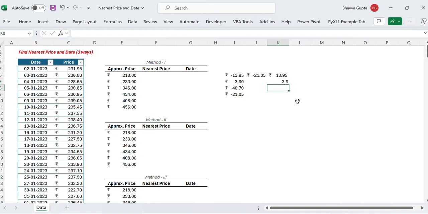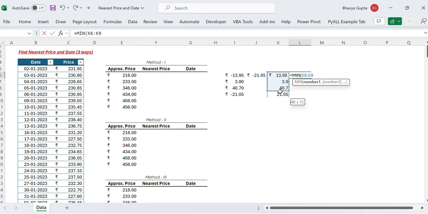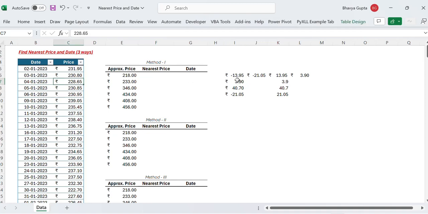This will be 40.7, and we will convert this number to a positive number, 21.05. If we have this series and then find the minimum value from this list, we will get 3.9. And this is what we are trying to extract, the minimum distance in absolute terms. And then we will extract the corresponding price here, right?